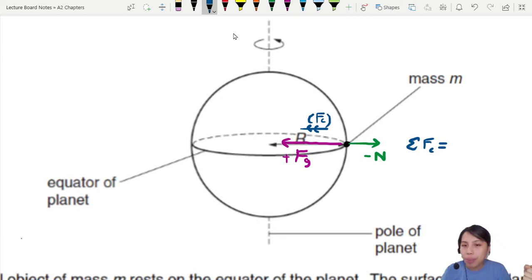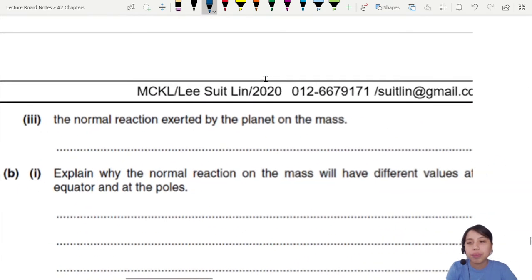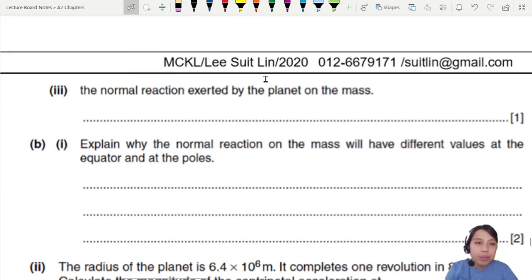So this will be Fg positive, minus N, that is pointing away. That will be your centripetal force that will actually keep you going in a nice circle around the Earth. Let's take this equation and continue to use it: Fc equals Fg minus N. Fc here will be our m R omega squared, which we looked at earlier.